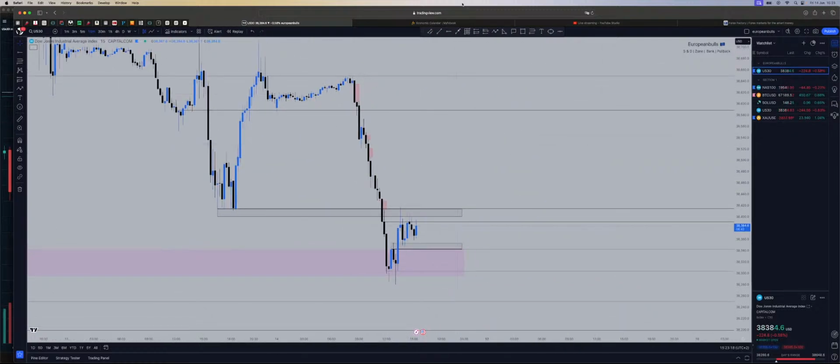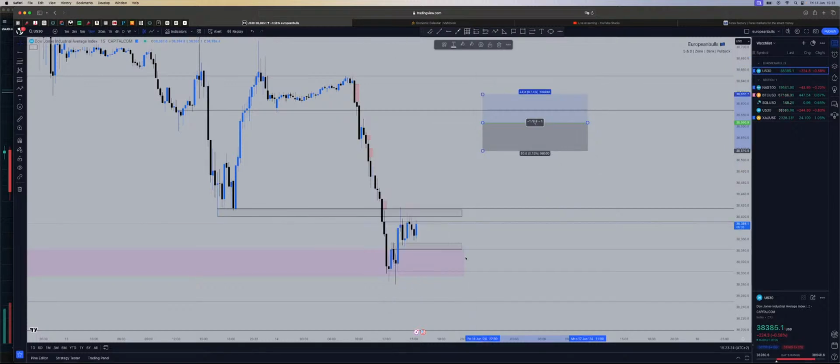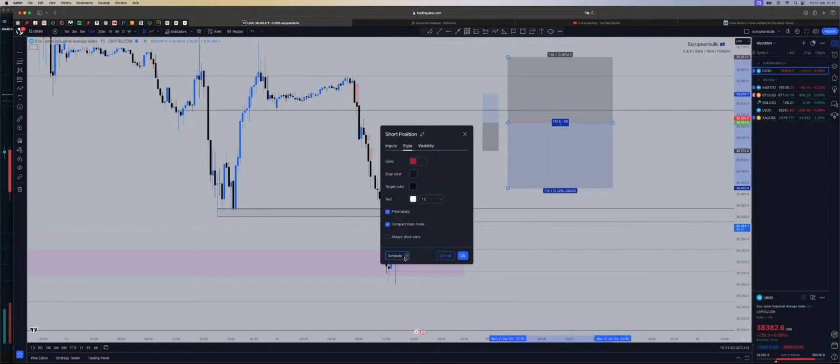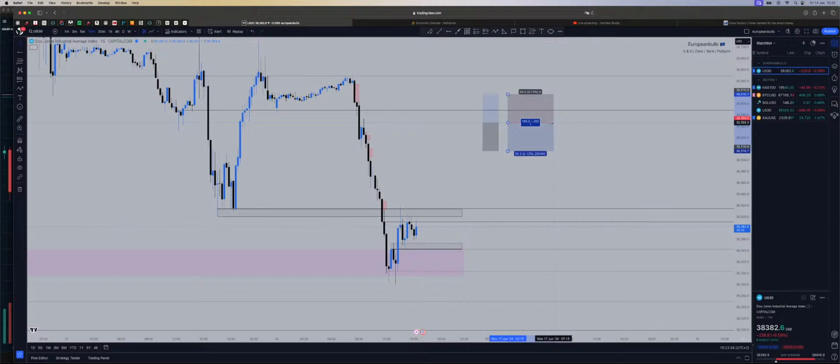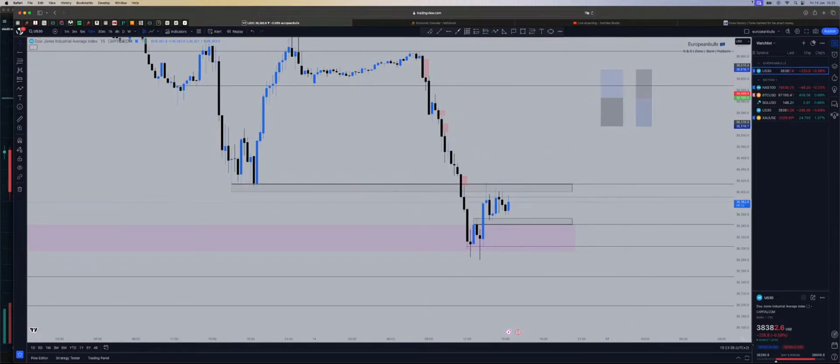Let me set up my risk to reward, because I like to do it prior to the market opening so that I don't waste my time. Everything is set up. We just need to wait for the bank to open, and then we see how it goes.